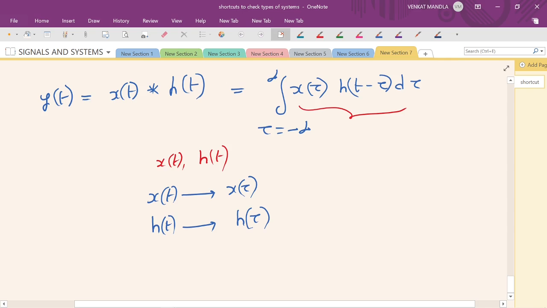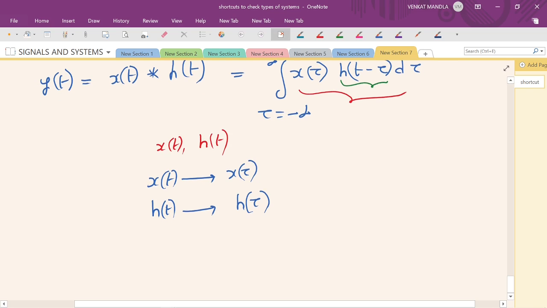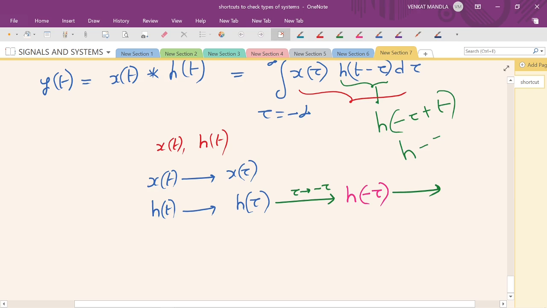Now I need h of t minus tau. First, from h of tau, I will apply time reversal, so tau goes to minus tau. Then you get h of minus tau. Now I need h of minus tau plus t, which I can write as h of minus of tau minus t.